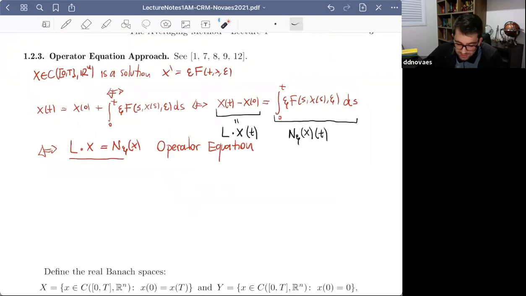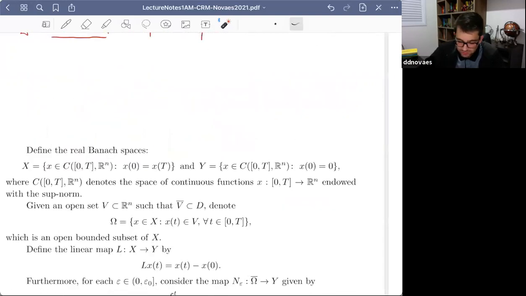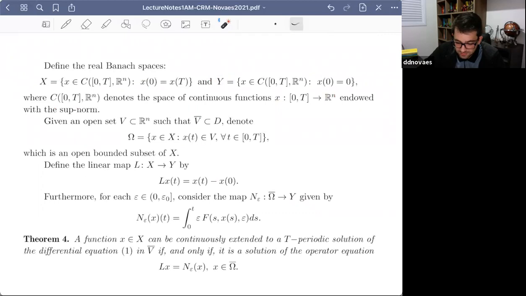Because the image of a function by L always has the property that for t equals 0, it's 0. So that's the space Y, the set of continuous functions such that x of 0 is equal to 0. So X and Y are Banach spaces with the sup norm, etc.